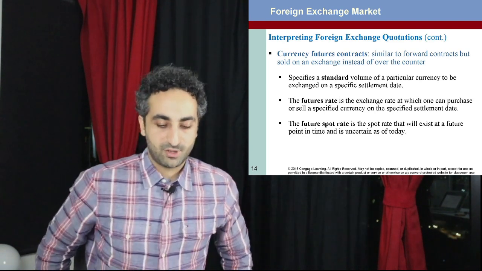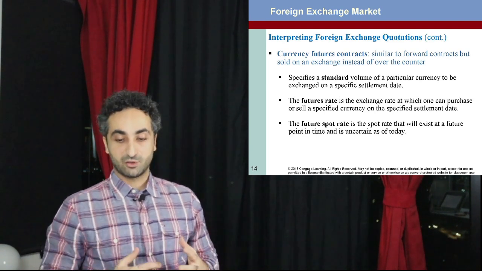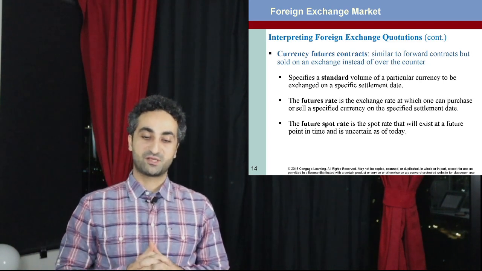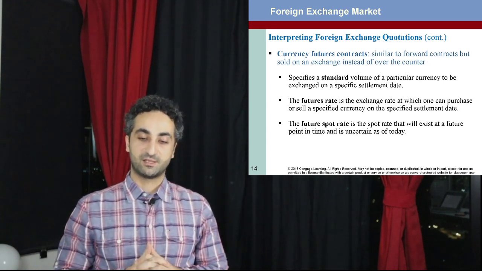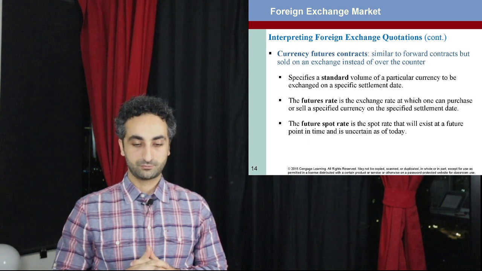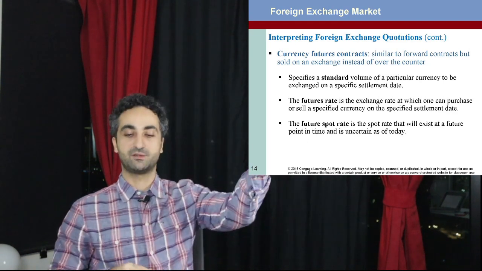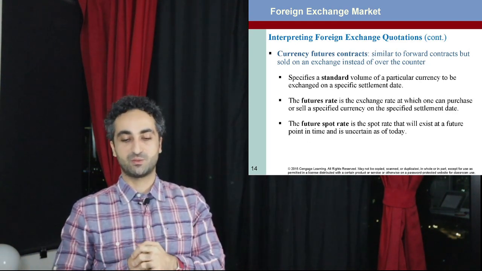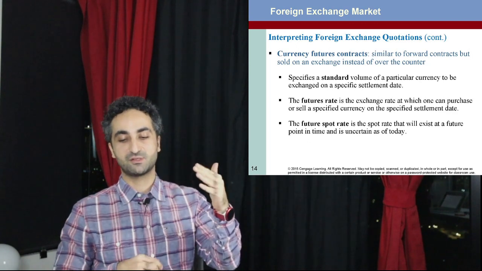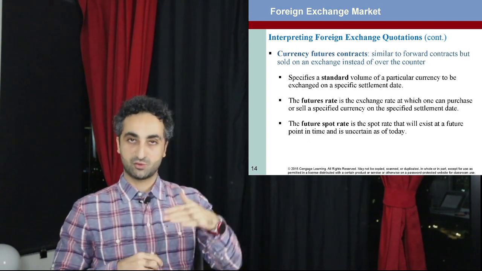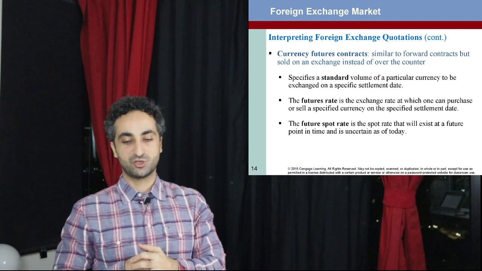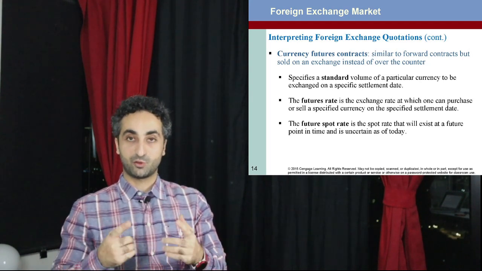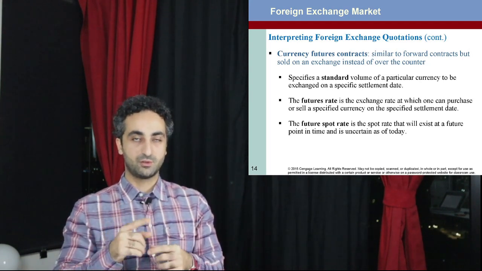So let's read together. It specifies a standard volume of a particular currency to be exchanged on a specific settlement date. The future rate is the exchange rate at which one can purchase or sell a specified currency on the specified settlement date. So it's the spot rate in the future, for you, only for you, not for others.